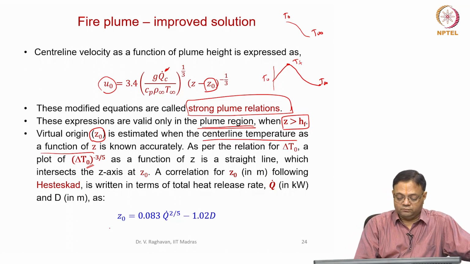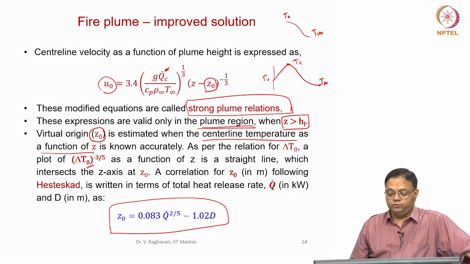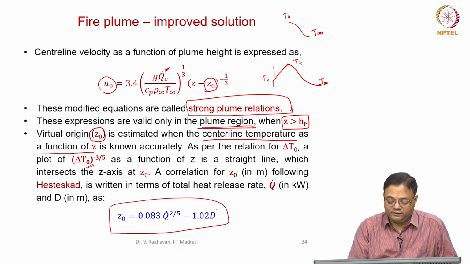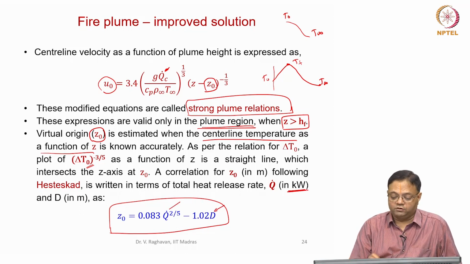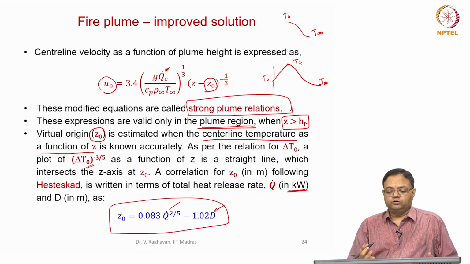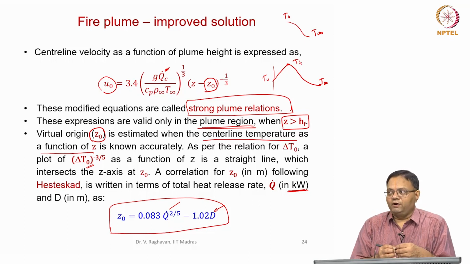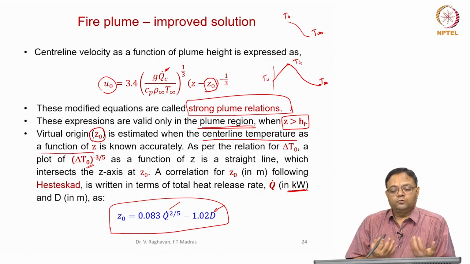A correlation for the virtual origin was proposed as 0.083 q dot to the power 2 by 5 minus 1.02 D. Similar to the flame height correlation, D is the fire diameter and q dot is the heat release rate in kilowatts. Several expressions are available in the literature for plume solutions. These are only some examples.